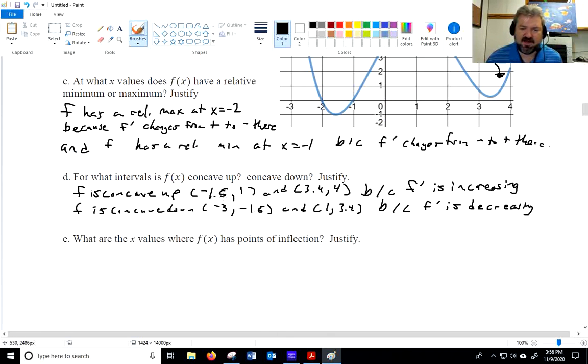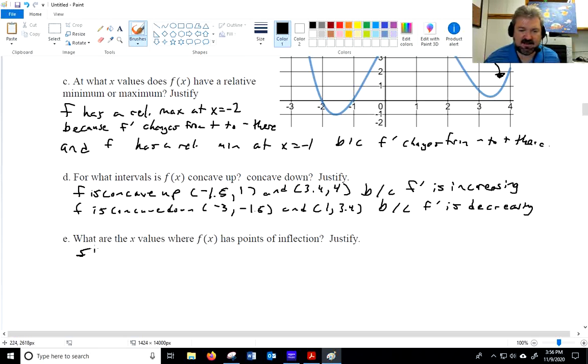What are the x values where f of x has a point of inflection? Well, f of x is going to have a point of inflection where the concavity switches. But the way we're supposed to justify it is by either saying f double prime changes sign or f prime changes from increasing to decreasing or decreasing to increasing.